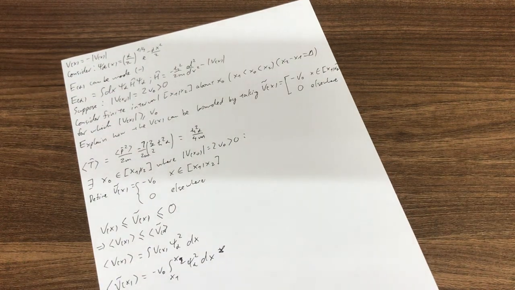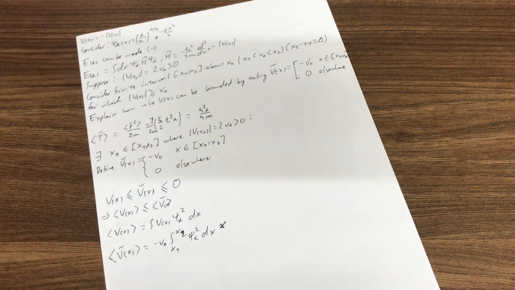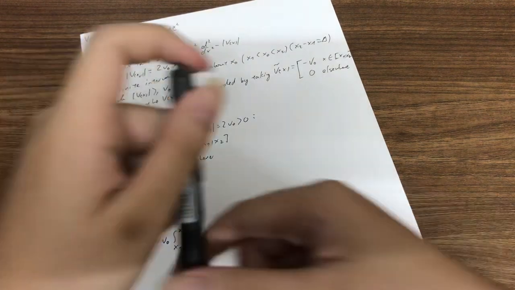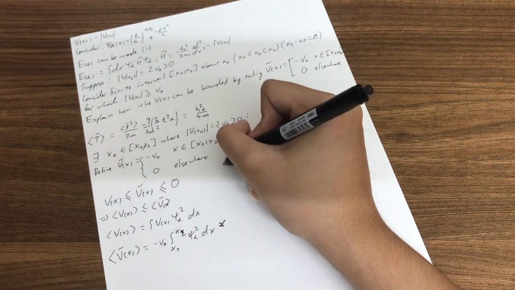Okay, so you can see that these two have a different range of the interval, but we're going to compare them because the limit of both of these to plus minus infinity is 0, so we can technically compare these even though they have a different range of integral.